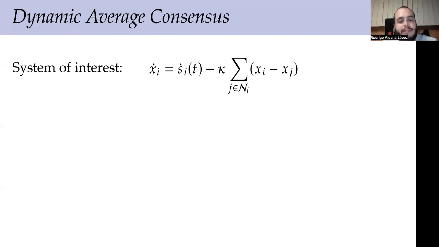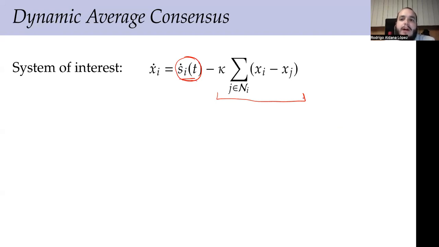So this is the most typical algorithm that you use for dynamic average consensus. We're still in the linear regime, okay? And as you can see, it's essentially the same system as before, but we introduce here the derivative of the signal for which you want to compute the averages, okay? Of course, if these signals are kept constant, right, this term just disappears and you recover the original algorithm, okay?